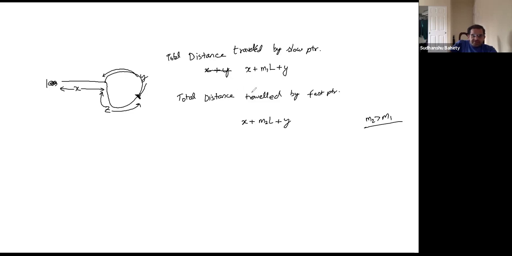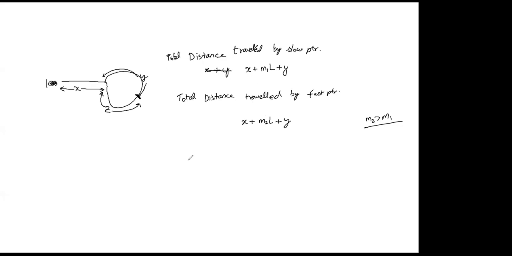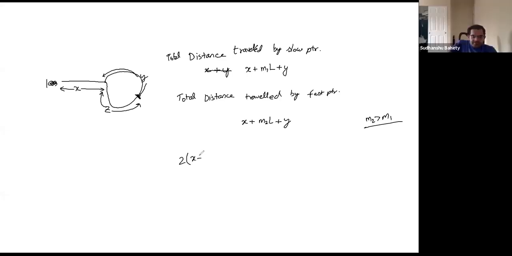So what's the relation between these two? How can you equate these two? The fast is double the slow. Yes. So twice of X plus M1 L plus Y is X plus M2 L plus Y, right?